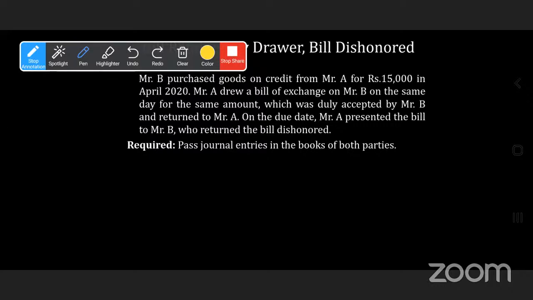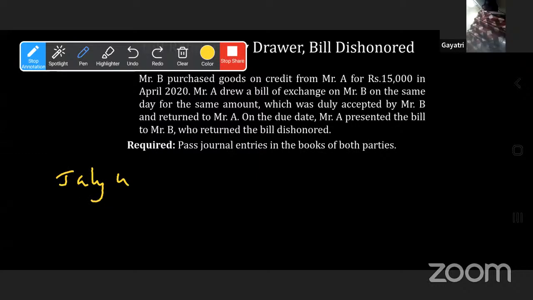Coming to the dishonor of the bill on July 4, give the journal entry. Bills payable account debit to A's account. Yes, good.